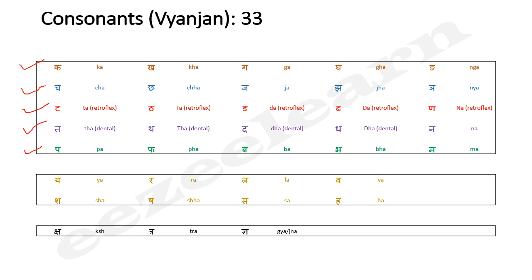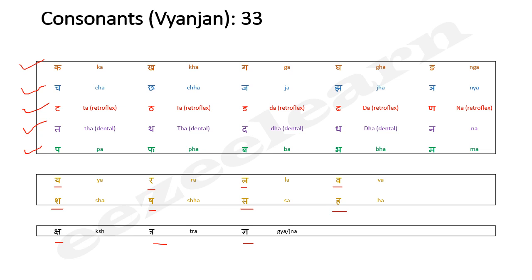Apart from this, we have Ya, Ra, La, Va, Sha, Sha, Sa, Ha. And the three special letters are Ksha, Tra, Gya.